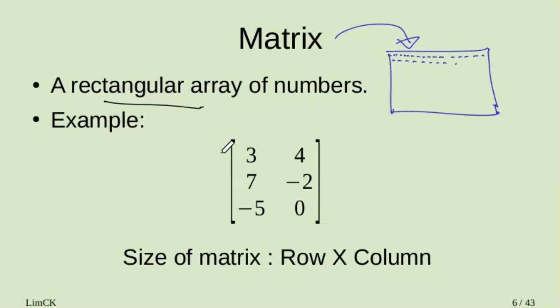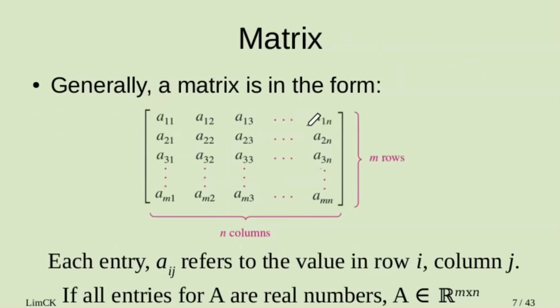This rectangular array, or this matrix, always comes with two numbers. One is the number of rows and one is the number of columns. So a matrix can always be represented with m rows and n columns.